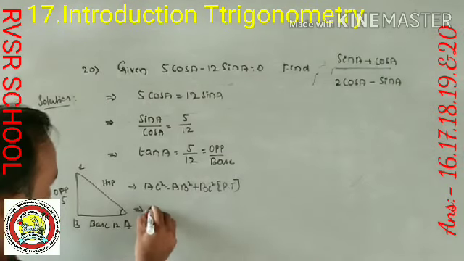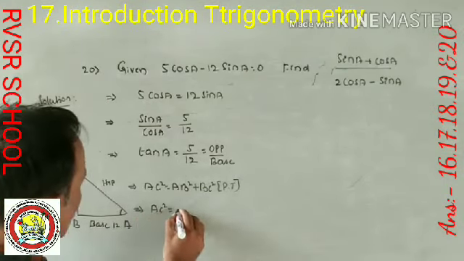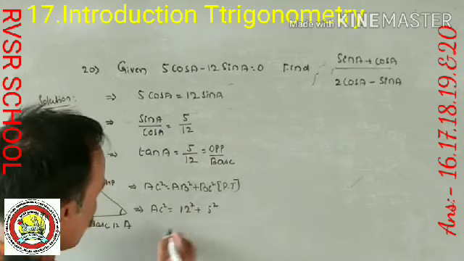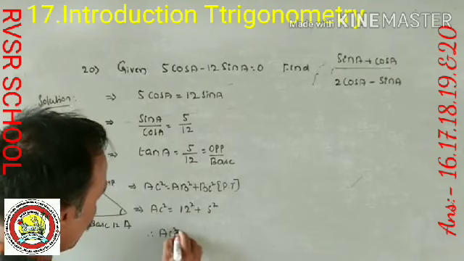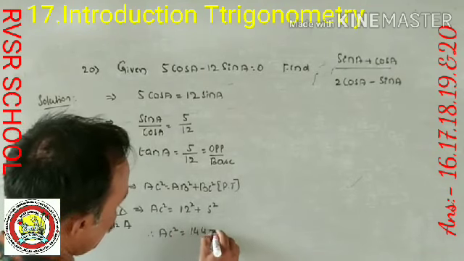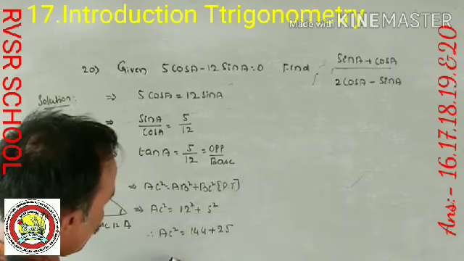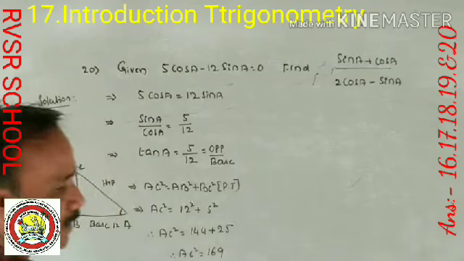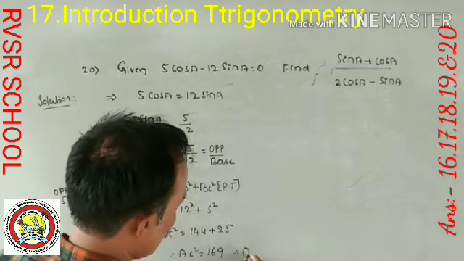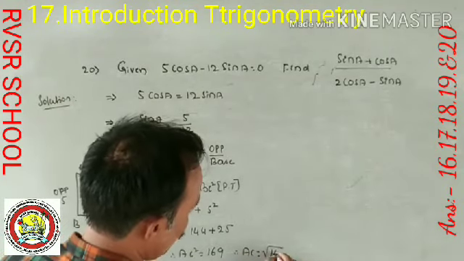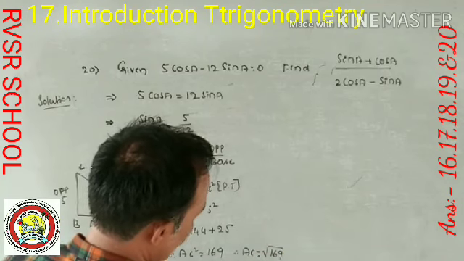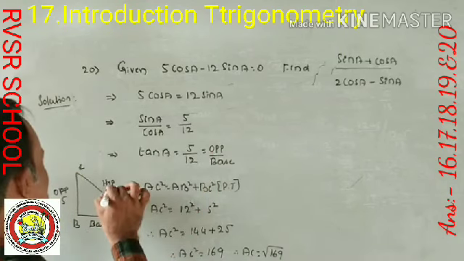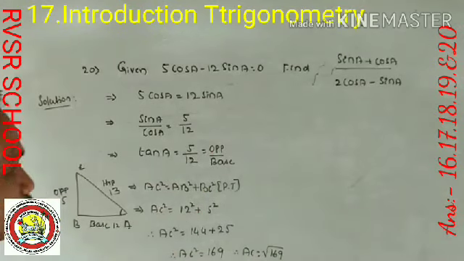AC square is equal to 12 square plus 5 square, which is 144 plus 25, so AC square is equal to 169. Therefore, AC is equal to root of 169, so AC is equal to 13 centimeters, as this is 13.